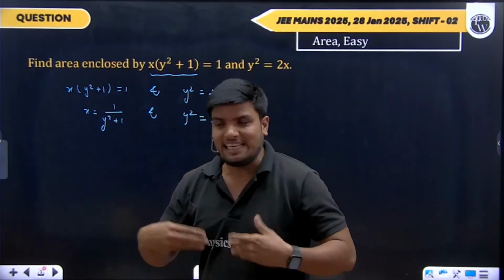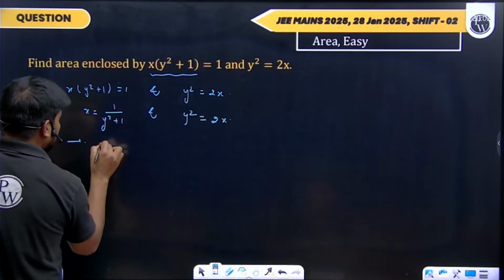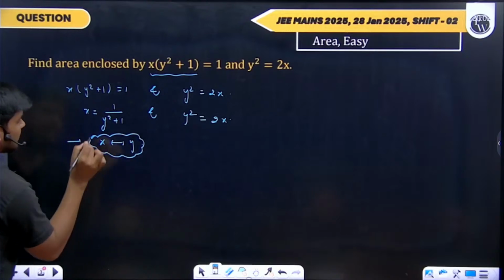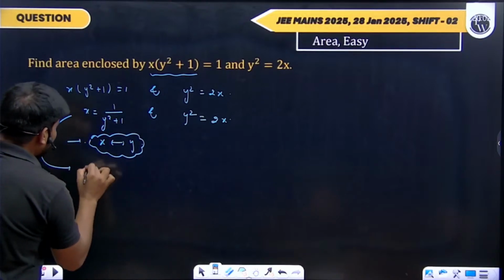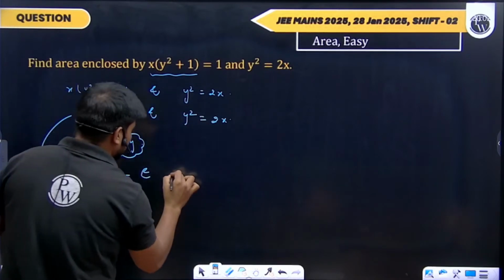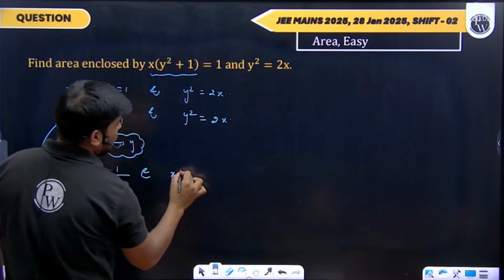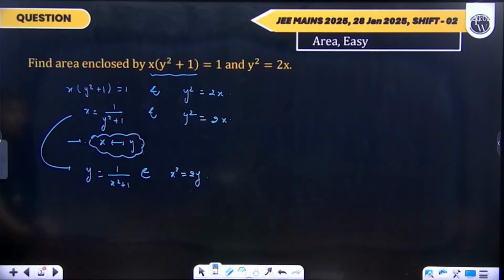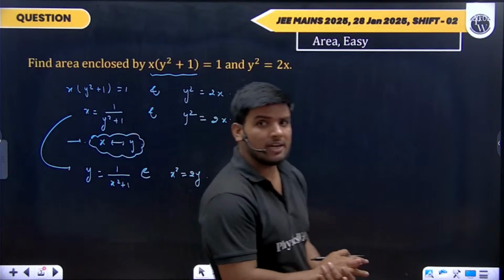So for ease in calculations, we can interchange x and y. So we can write it like y equals to 1 upon x square plus 1, and x square equals to 2y. We have interchanged x and y.